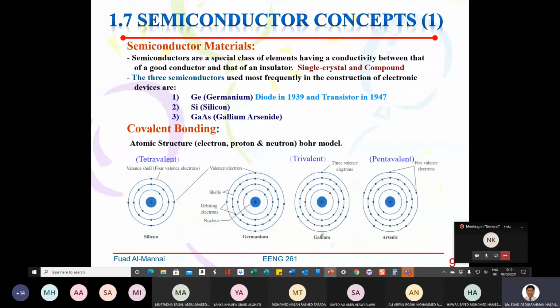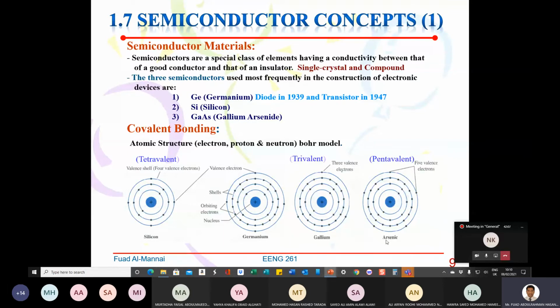Now gallium, on the other hand, has 3 electrons in its outer shell, and we call that trivalent. Don't worry about the name, but we call it trivalent. 3 valence electrons in its outer shell.